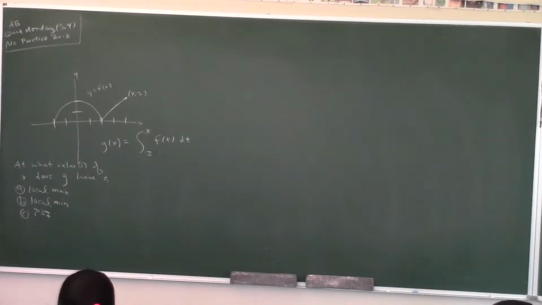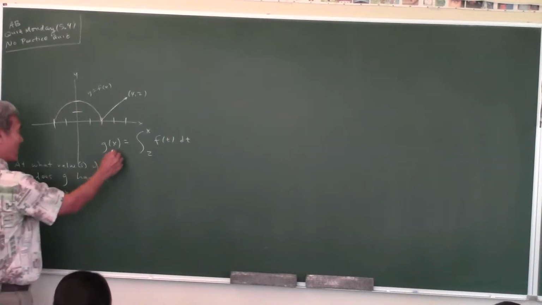Now, thinking back to the last chapter, how do we compute maximums, minimums, and points of inflection? For maxes and mins, you compute the first derivative and then you make a number line. We're not going to do anything different. How do we find points of inflection? We compute the second derivative and make a number line. That's what you got to do. It's just the information is given in a different form. So this is what g is.